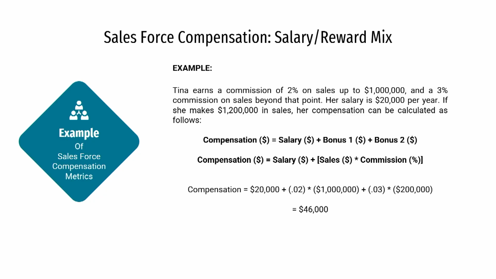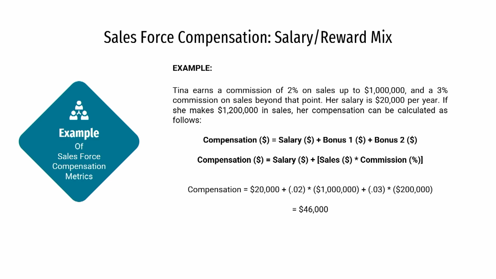If it is exactly 1 million, then the commission will be 2% of 1 million, that is 20,000. And on any amount sold beyond 1 million, she will earn 3%. Okay. Her salary is $20,000 per year. If she makes 1.2 million in sales, then her compensation can be calculated on the basis of the given protocol.